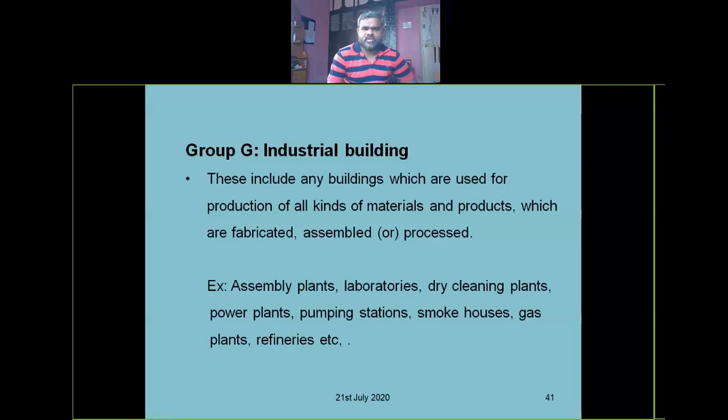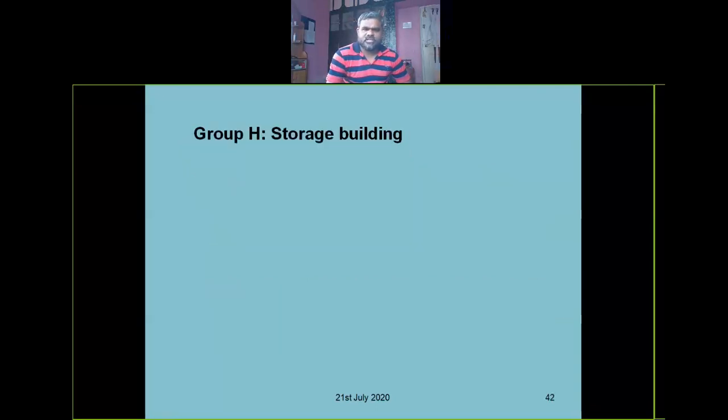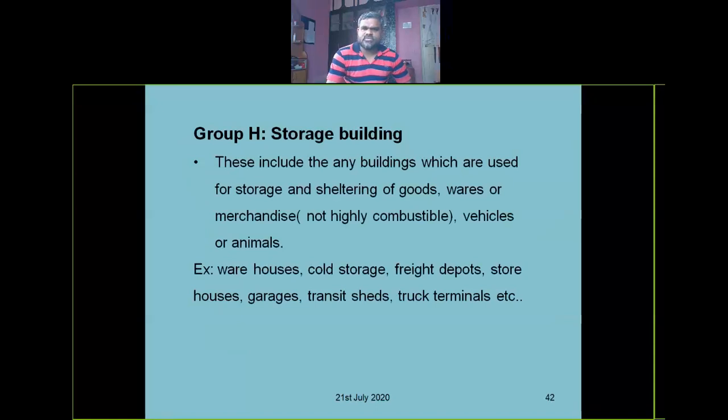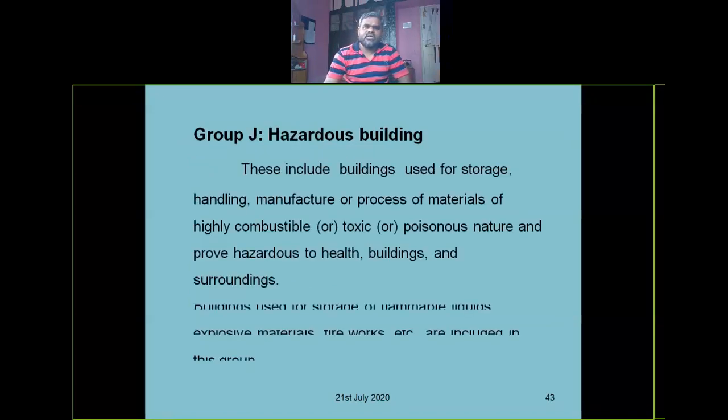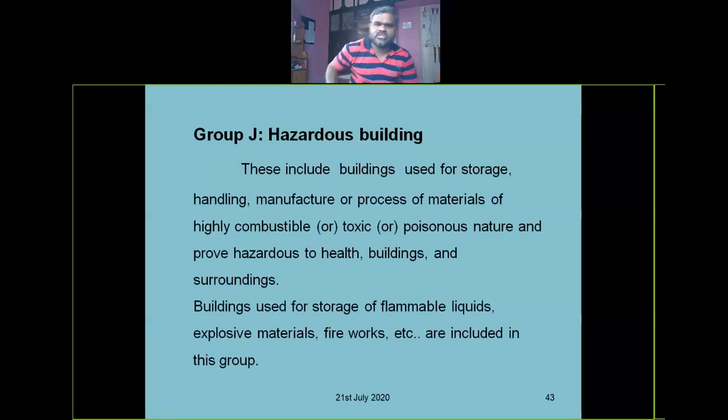Industrial buildings are used for production of all kinds of materials and products: fabrication, assembly plants, laboratories. Storage buildings are used for storage and sheltering of goods, warehouses, merchandise, vehicles, etc. Hazardous buildings are used for storage, handling, manufacture or processing of highly combustible, toxic or poisonous materials, or explosive materials.